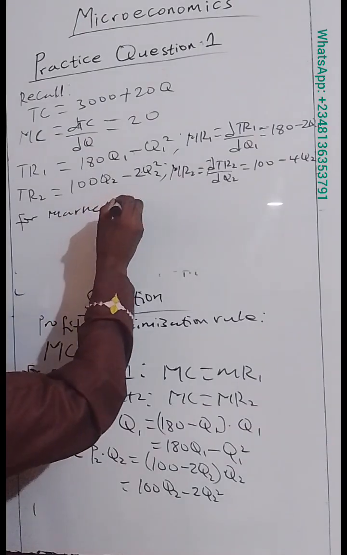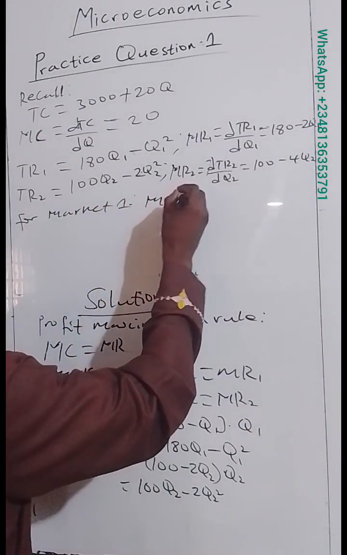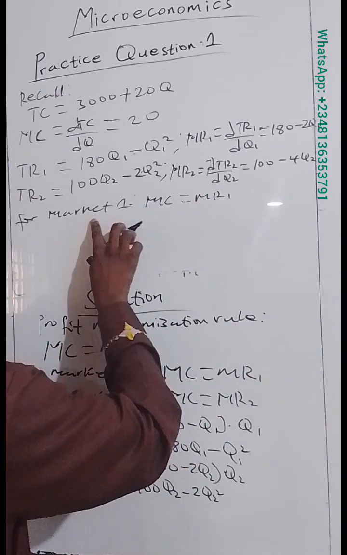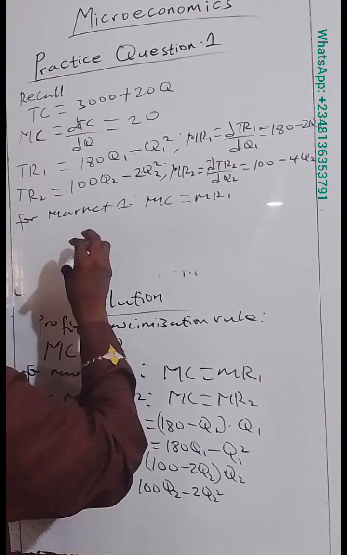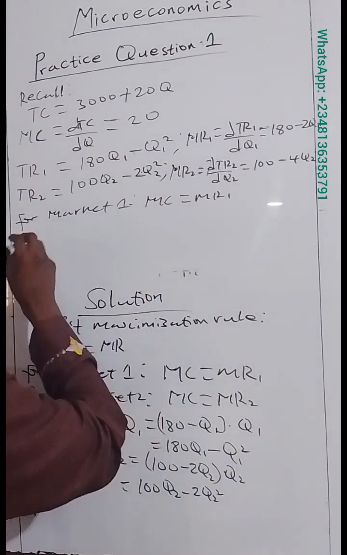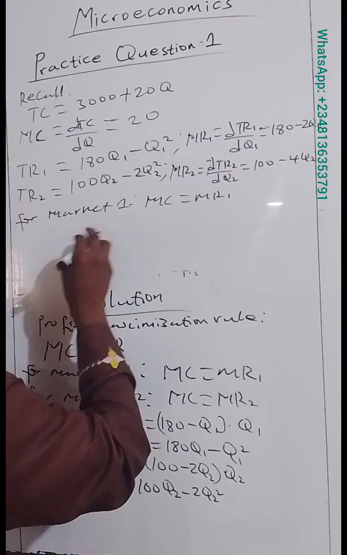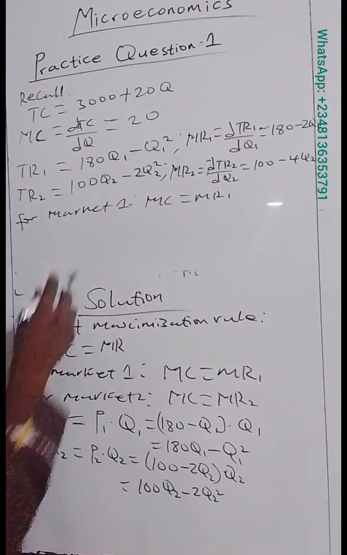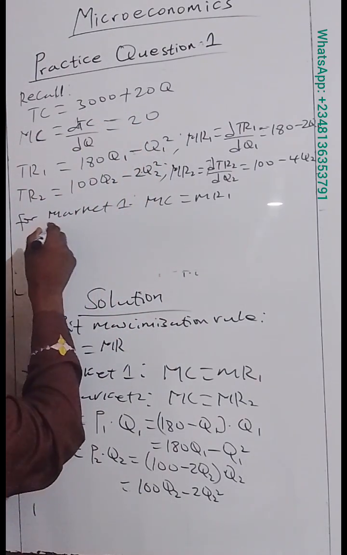Let's continue, and I start with market 1. For market 1, you know that MC equals MR1. You recall that our MC we derived from our total cost is 20.